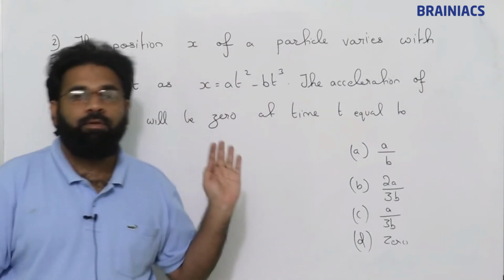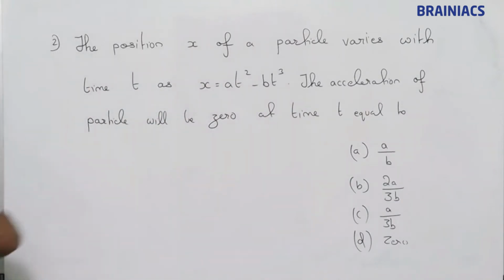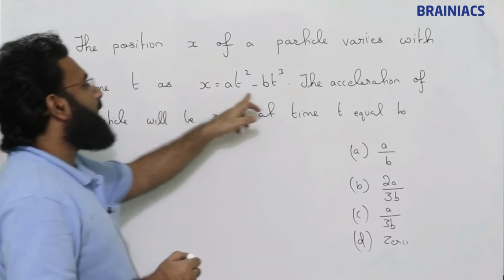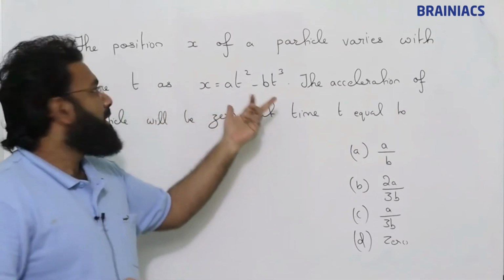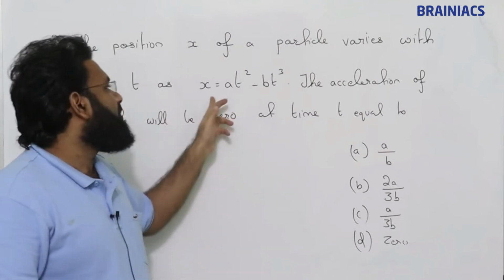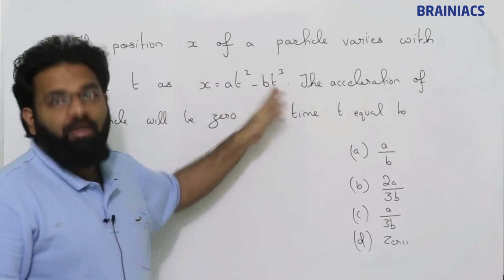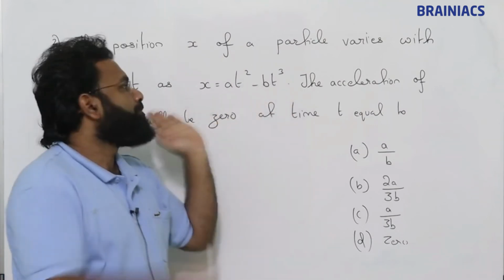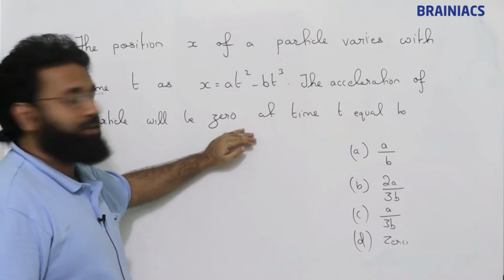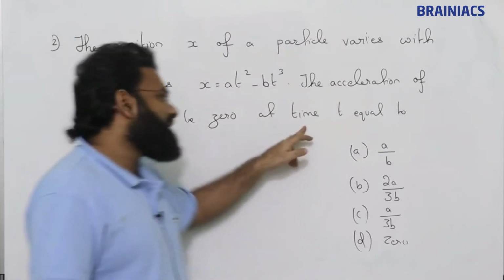So students, this is your next question. The position x of a particle varies with the time t as x is equal to a t square minus b t cube. This position or displacement is a function of time. Importance of function. The acceleration of the particle will be 0 at the time t is equal to.